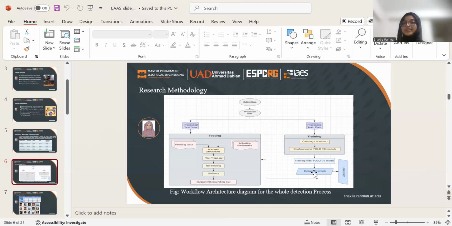After that, we extract graphs, including loss graphs. Based on these graphs, we move to testing. For testing, we feed data and adjust parameters, with accurate prediction, region proposal and ROI pooling, region of interest pooling. Then we get the output with bounding boxes.